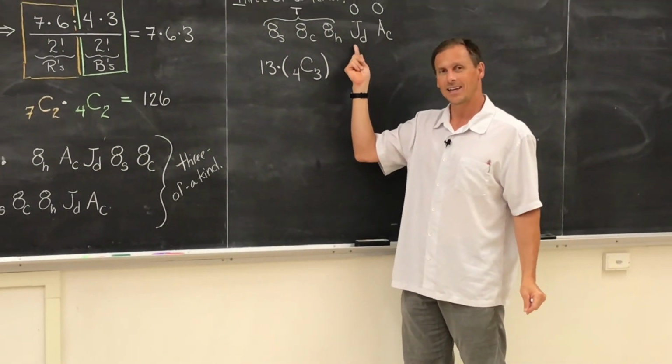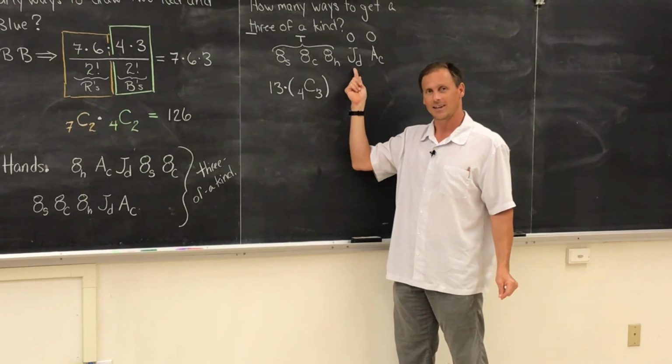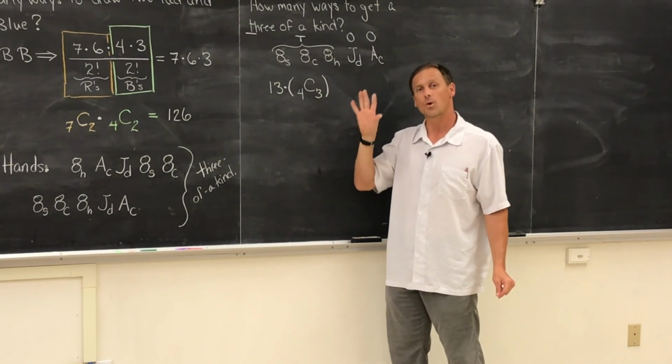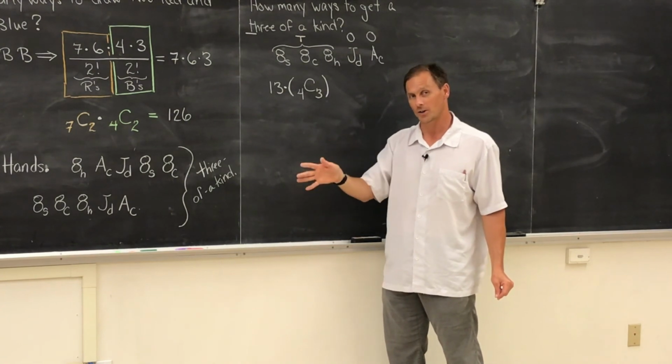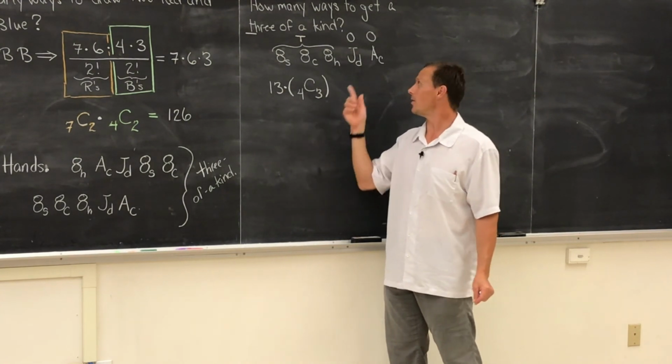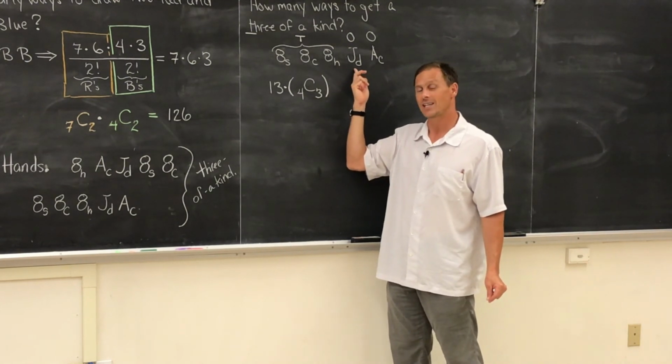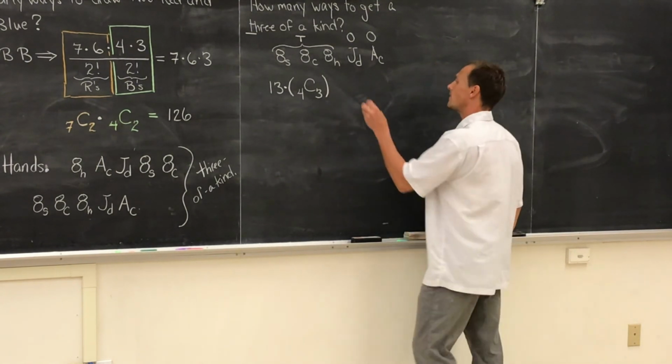So we can't get another 8 in this hand. In other words, of the 52 cards we started with, 4 cards can no longer be accessed. So the jack, or this piece right here, can be any of 48 other cards.